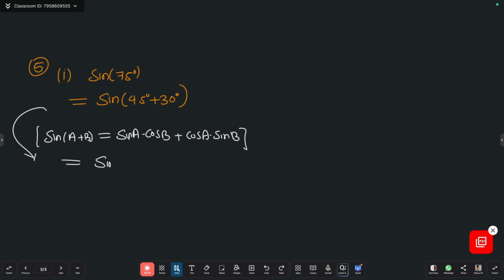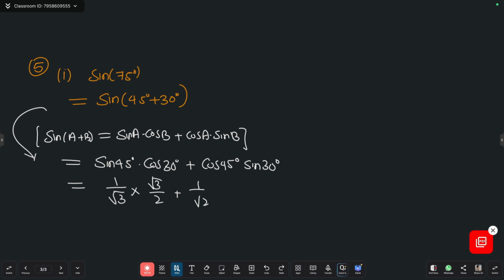Sine 45 cos 30 plus cos 45 sine 30. Sine 45, everybody knows, 1 by root 2, cos 30 root 3 by 2, cos 45 1 by root 2, and sine 30 is 1 by 2.